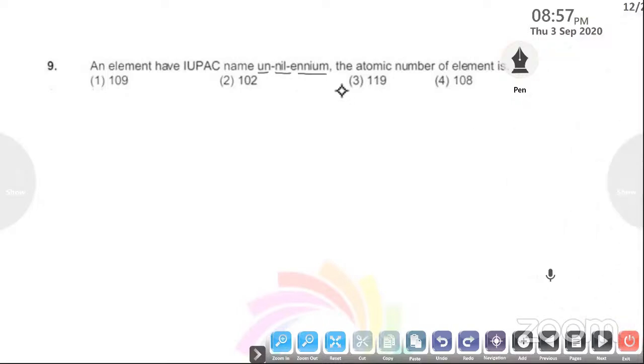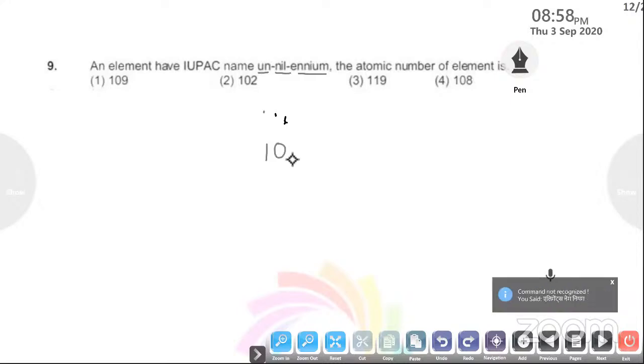So un means 1, nil is 0, and n is 9. So it is 109. So this is the IUPAC name. Next question.